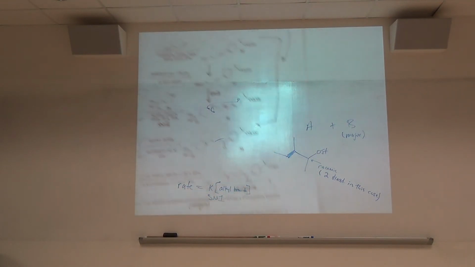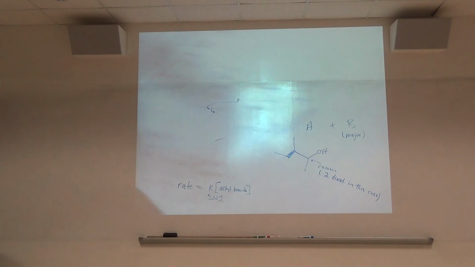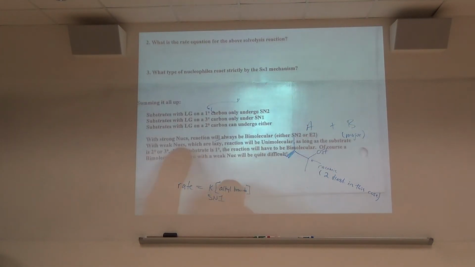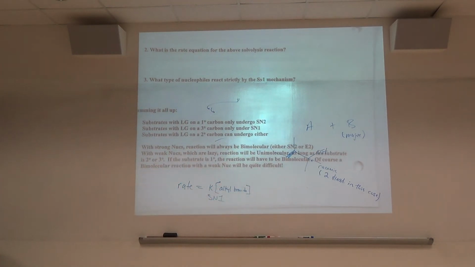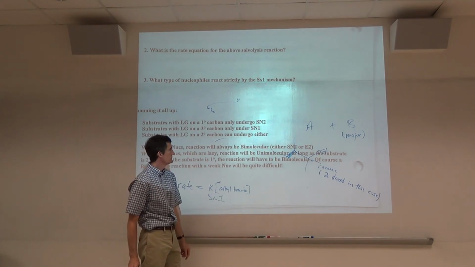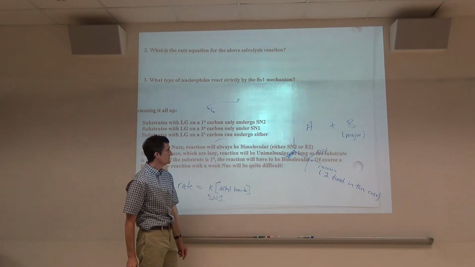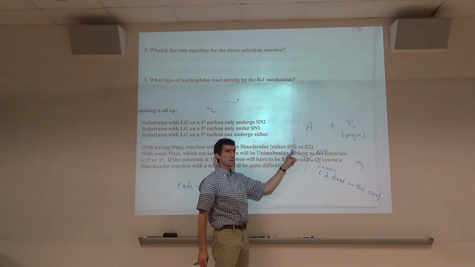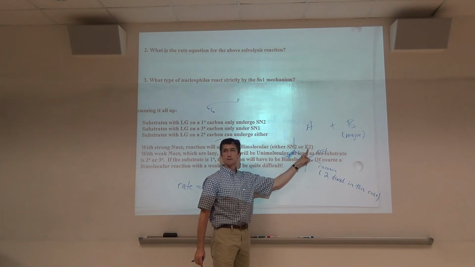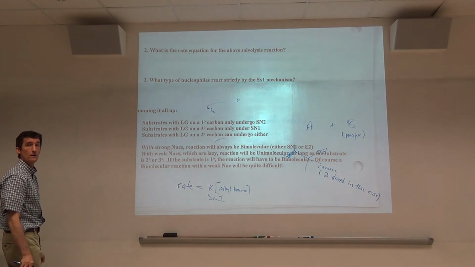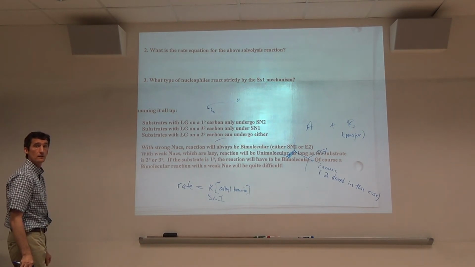Let's go back to summing it up. With strong nucleophiles, the reaction will always be bimolecular. Now, we haven't covered elimination yet, but SN2 is bimolecular substitution. This is bimolecular elimination. So if you have a strong nucleophile, but the leaving group is on a tertiary carbon, can you undergo SN2?